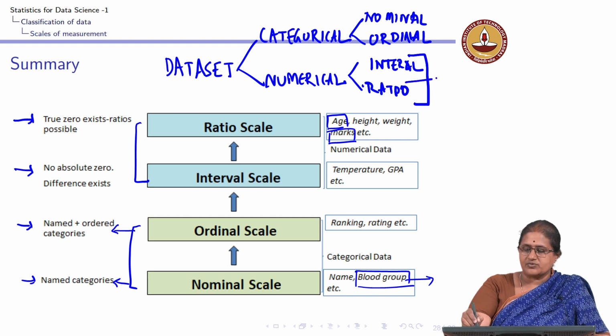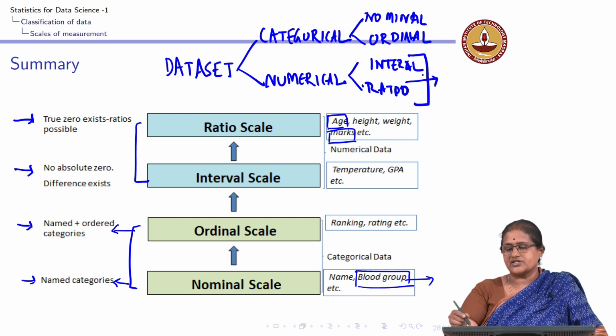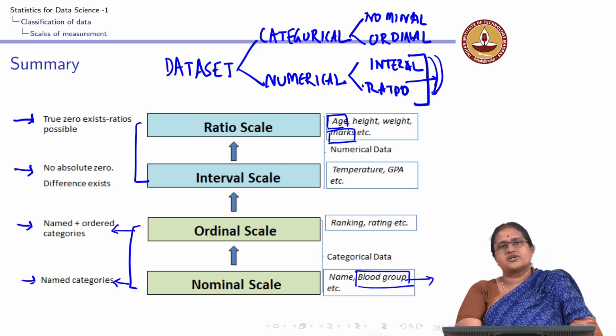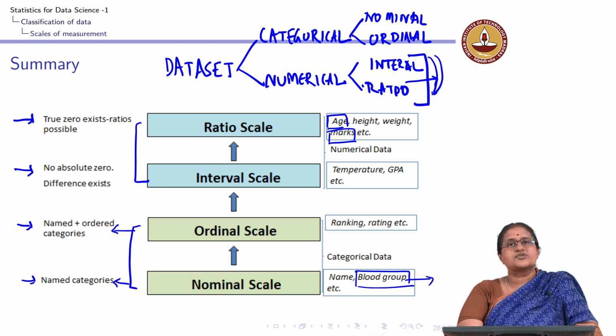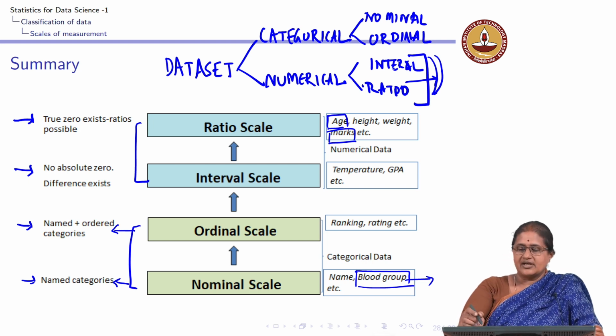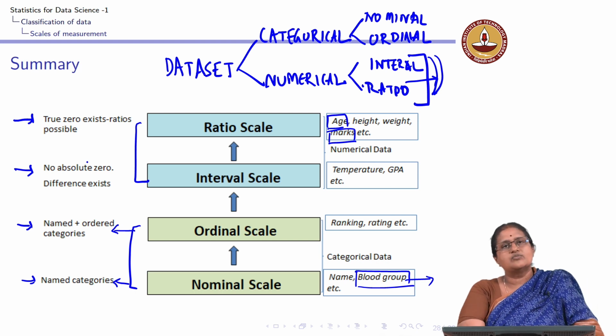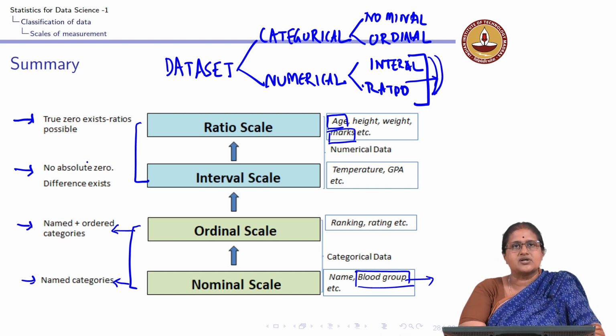Most textbooks in statistics club both of these scales together and mention it as an interval or ratio scale, but nevertheless there is a difference, and the critical difference is that in an interval scale there is no absolute 0, whereas in a ratio scale an absolute or true 0 exists.